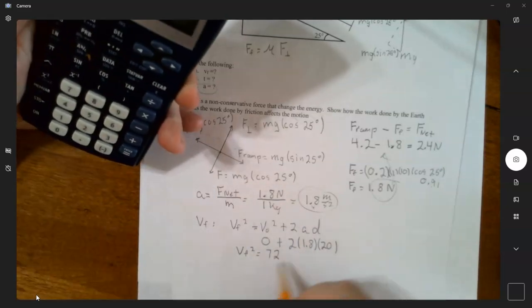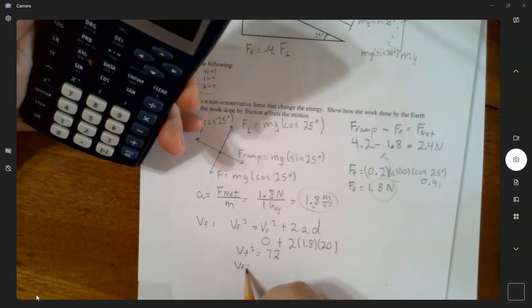And this gives us about 6.9 for Vf, meters per second.